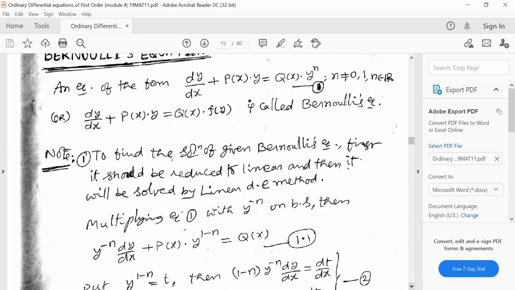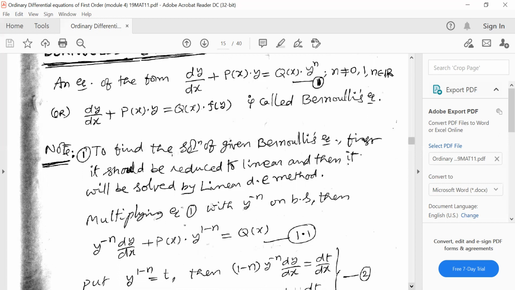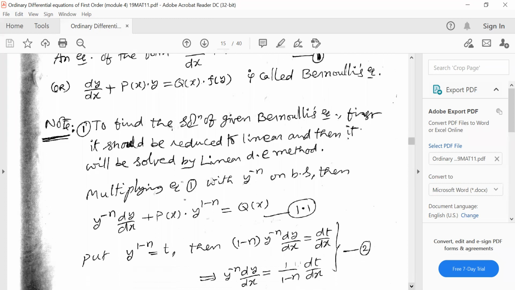So what we do is, since this y power n is obstructing, we will divide throughout the equation by y power n. That is the first step. So dividing the entire equation by y power n, or multiplying the equation by y power minus n, is what the attempt is. So we just do that.